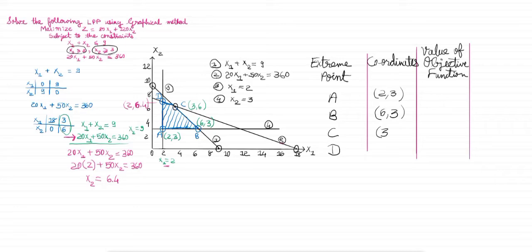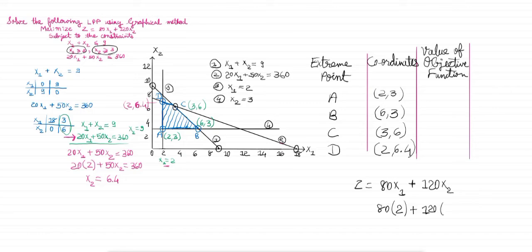For A it is 2, 3, B 6, 3, C it is 3, 6, and for D it is 2, 6.4. Then the equation of the objective function is z is equal to 80x1 plus 120x2. We'll just place the values of x1 and x2 and find the value of the objective function.